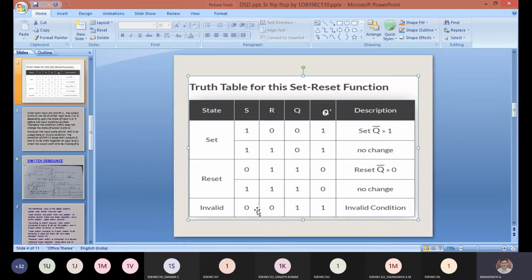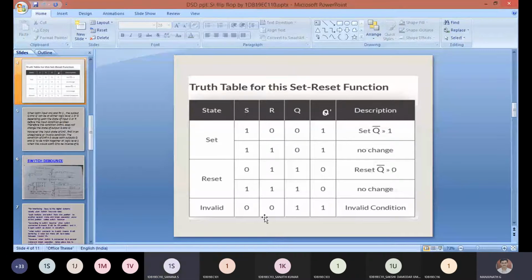When 0 0 is there, it goes to no change. But in this truth table, it is telling 0 1. I think this is your next state function, not your original circuit. So after 1 1, what is next? That is what it is telling. But the original circuit truth table is not this one. Okay, sir. Because for the 1 1 condition you'll get an invalid condition. Okay, sir. Fine. Continue. No problem.